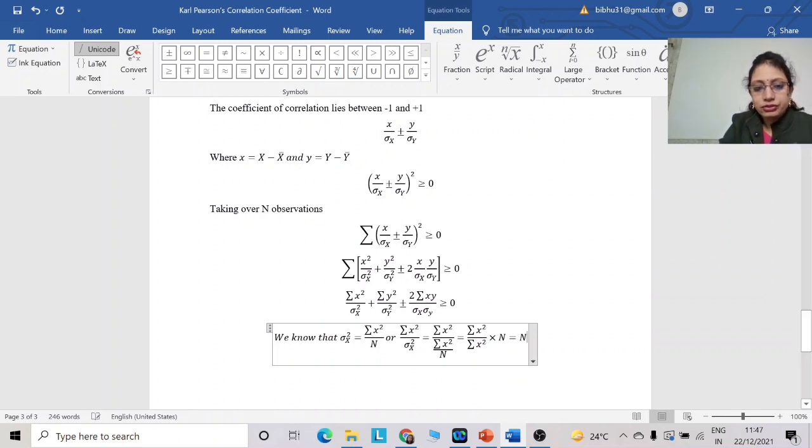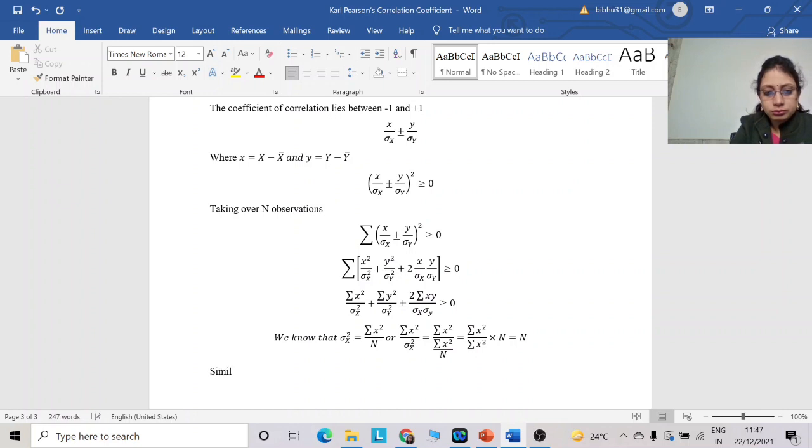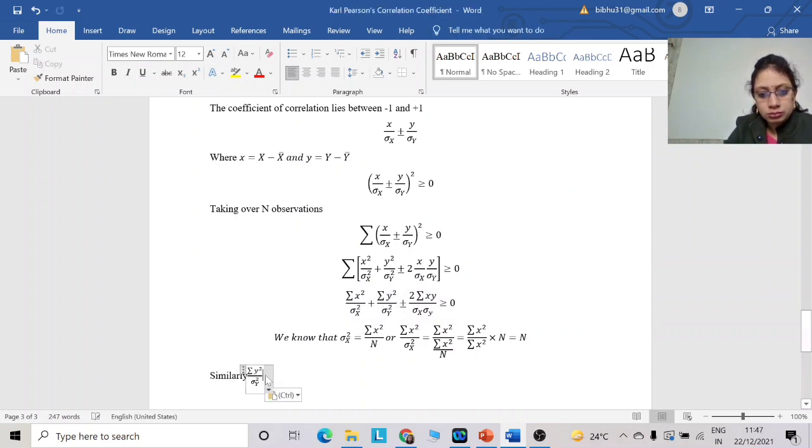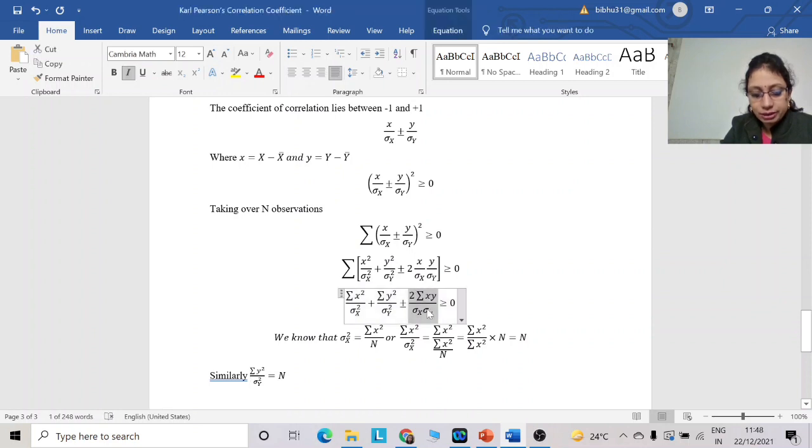So we can write, instead of standard deviation of x square, this summation x square by standard deviation of x square can be written as n. Similarly, summation y square by standard deviation of y square can also be written as n. So similarly, this can also be written as n. Okay. Now, what I said, we have to replace all the values. Now this value also can be rewritten.